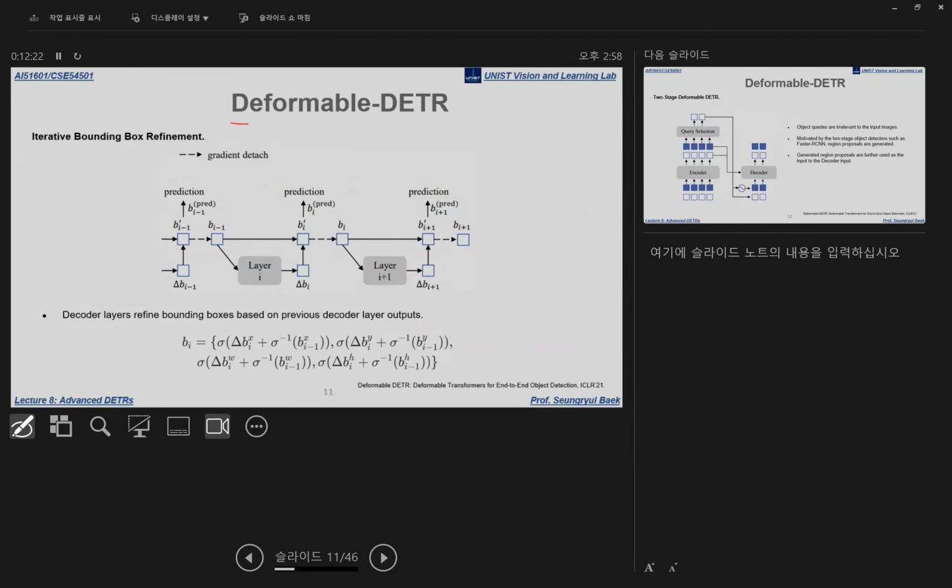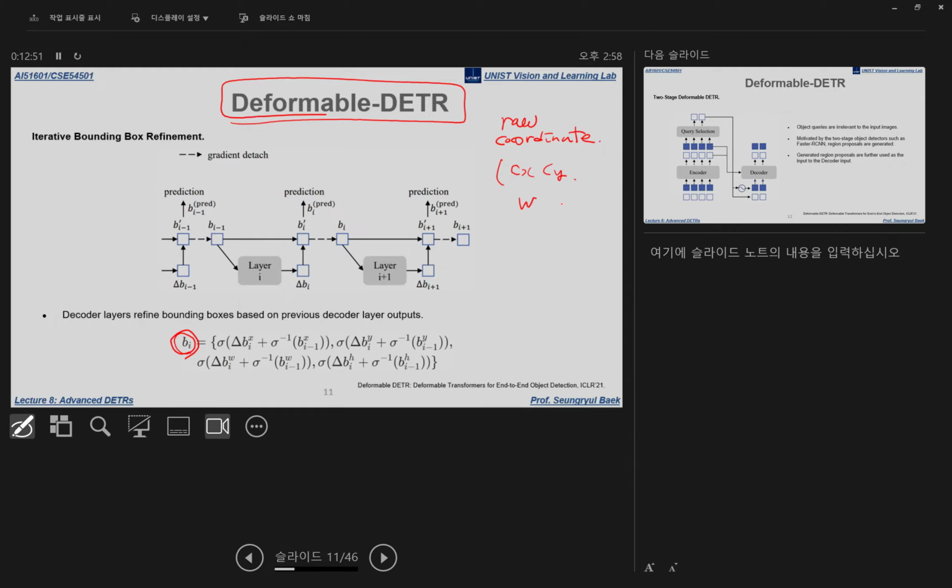And also in the deformable DETR, the bounding box information was the coordinates of their center position and their width and height.